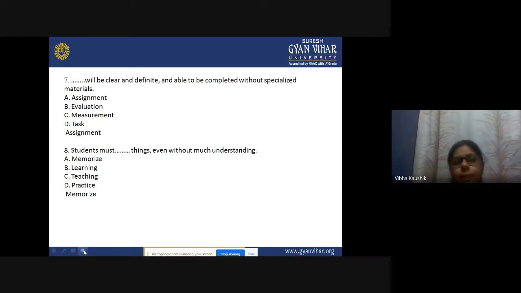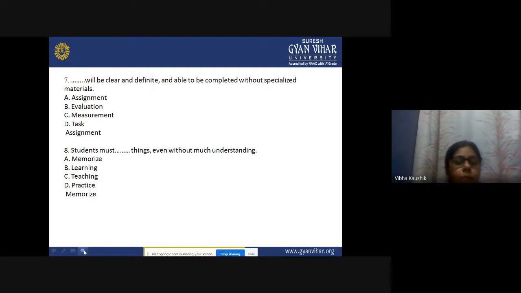So we can say if a teacher is giving an assignment to the learners, then she must clearly define that this is a particular assignment that you have to do first, and make them understand that it can be completed. It means you can complete the assignment, the task that I am assigning you, without specialized materials. It does not require any specialized material.